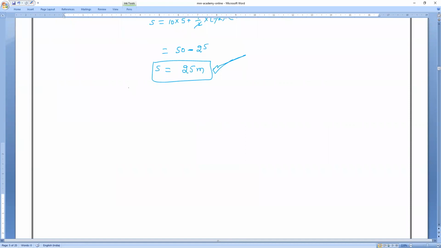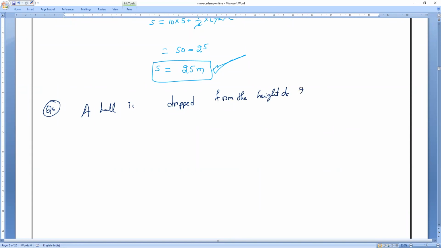A ball is dropped from the height of 20 meters. Everybody check it, question number 6. A ball is dropped from the height of 20 meters.